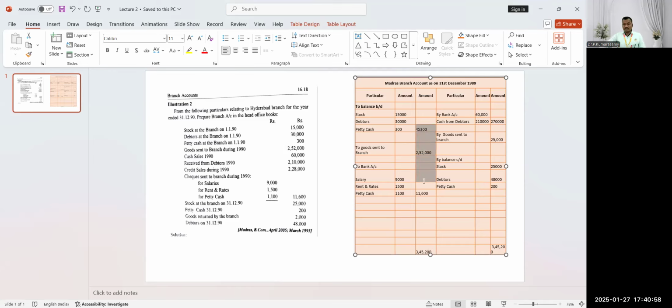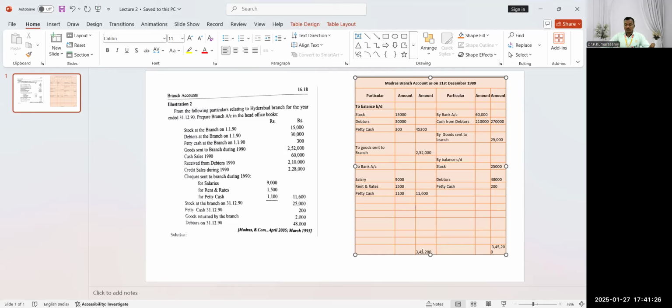What will be the difference? You add this total amount: 45,300, 2,52,000, 11,600. What is the total? The total amount will not be 3,45,200. So there is some amount of deficiency.